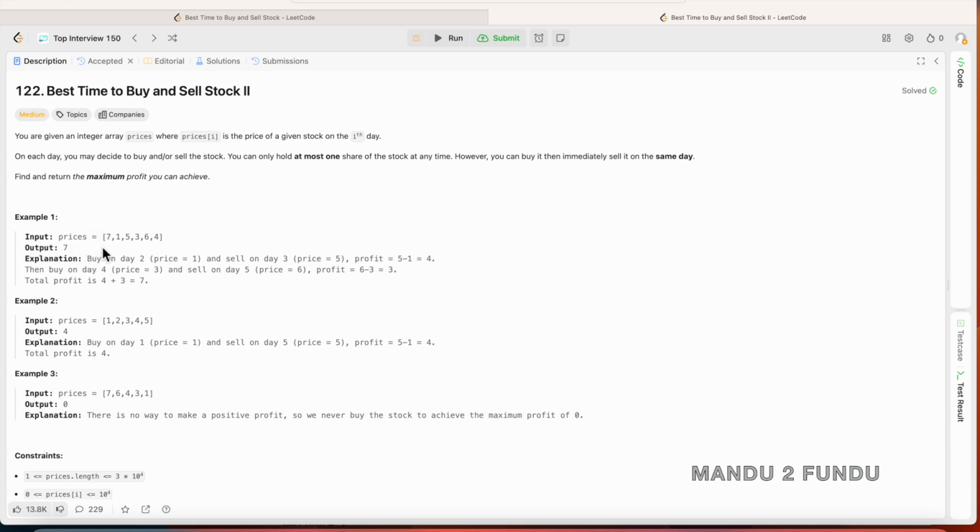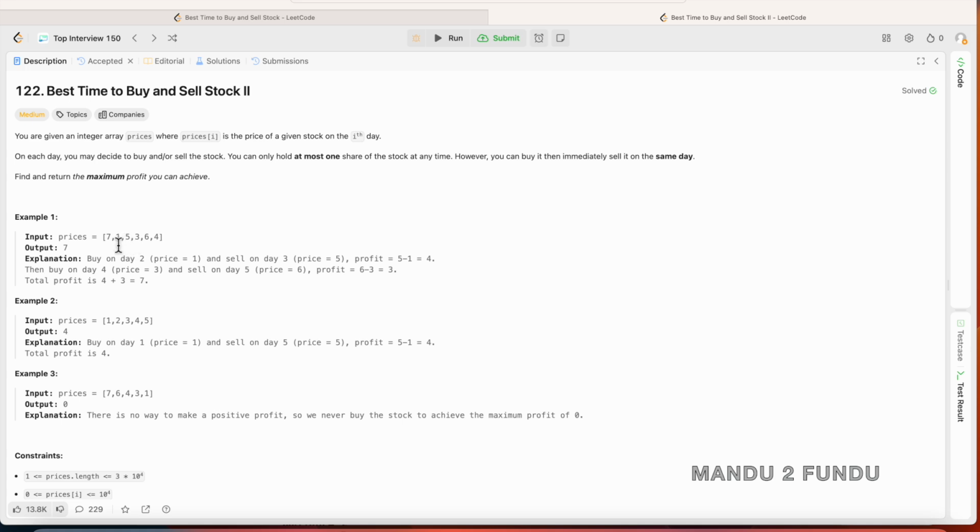In this, the input prices are 7, 1, 5, 3, 6, 4. In this case, we can buy the stock on the first day, and if we sell it on the second day, we will lose money. So we decide to sell it on the same day so that we avoid the loss, and then we buy the stock the next day and we check the price with the following day.